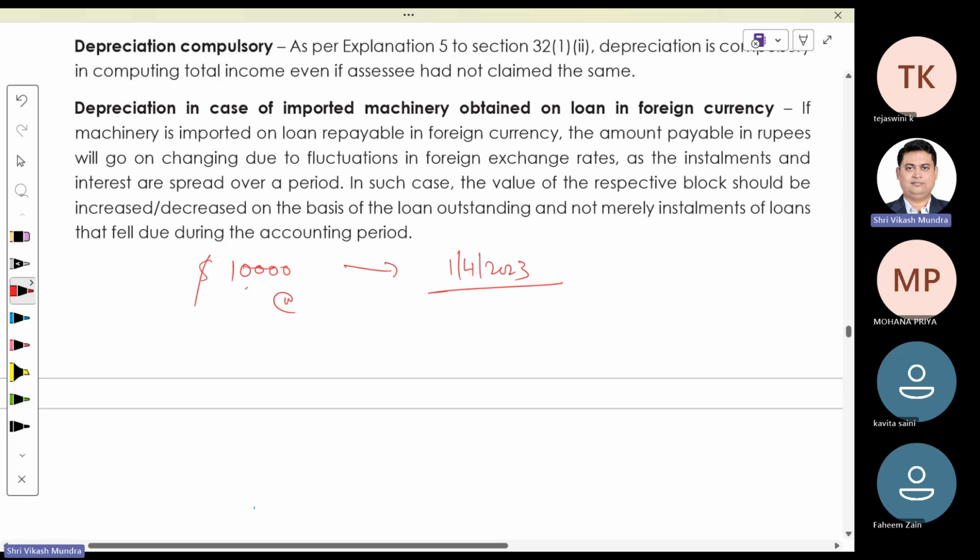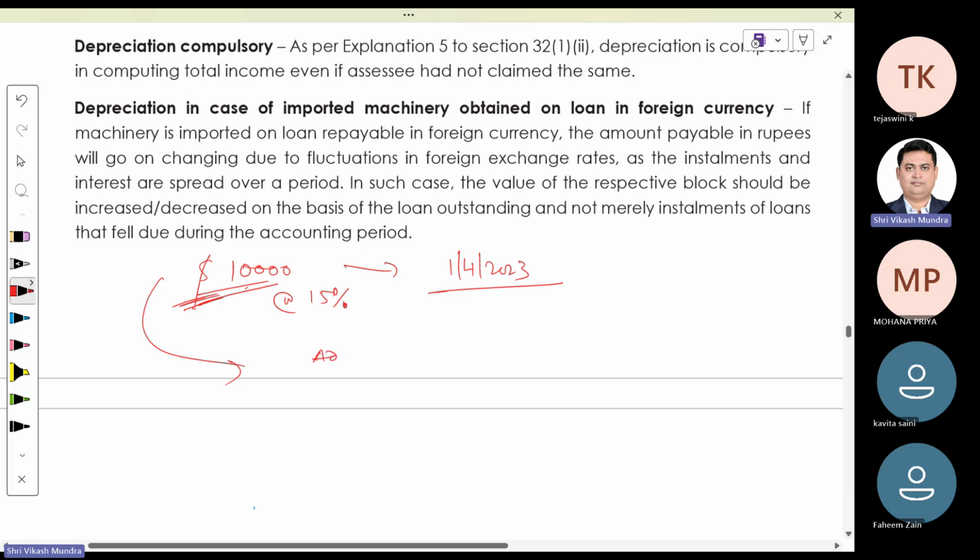This machine is subject to depreciation at the rate of 15%. We are supposed to calculate our depreciation in INR, but the value is in dollars. So we are required to convert this value into INR.